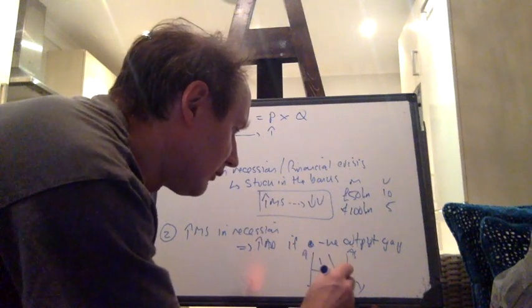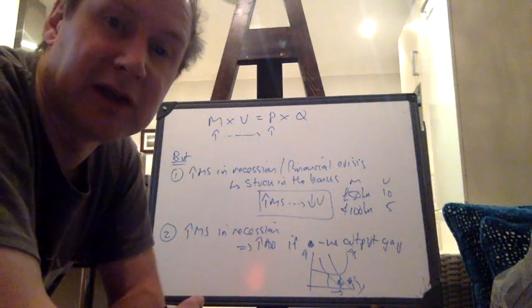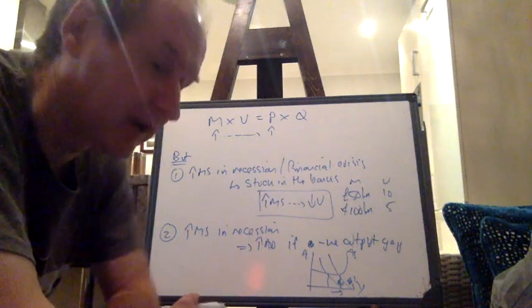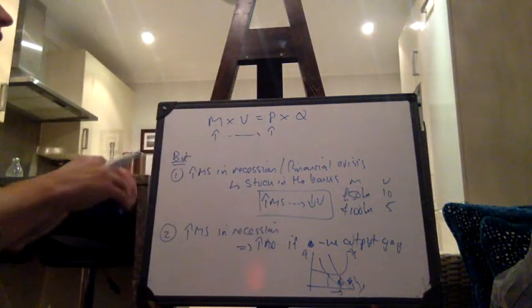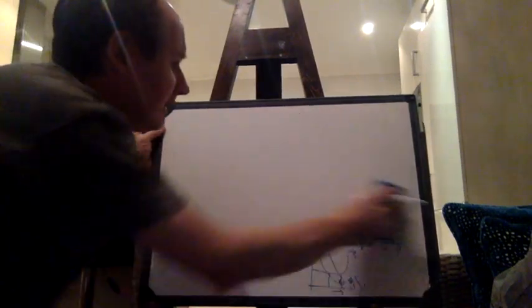AD increases from AD1 to AD2, and instead of the price level going up, we get an increase in GDP because there's spare capacity. So therefore, the Fisher equation is right, but it's not necessarily the case that an increase in the money supply is going to lead automatically to an increase in the price level.